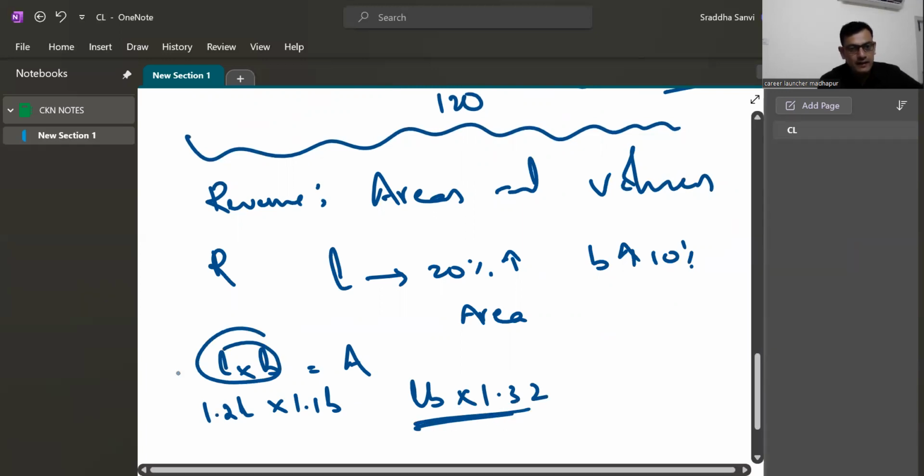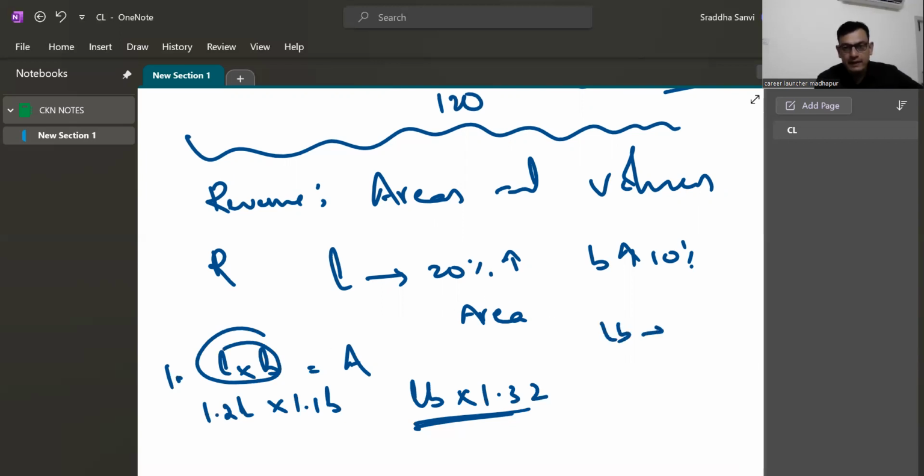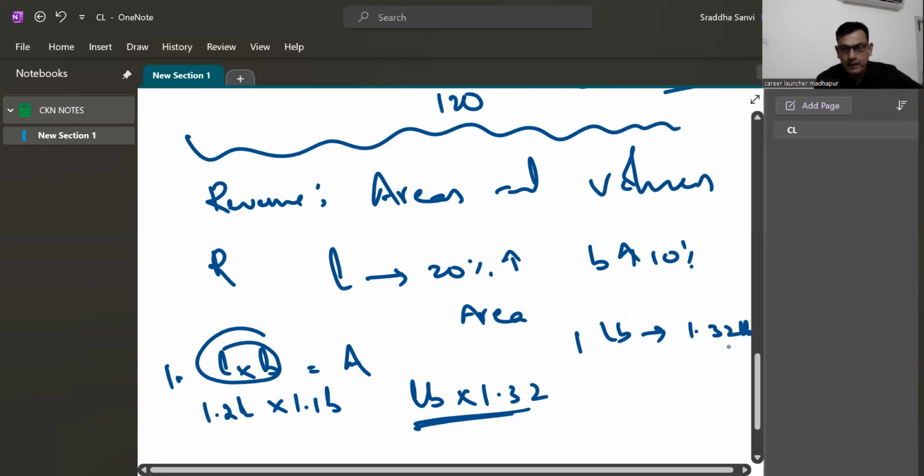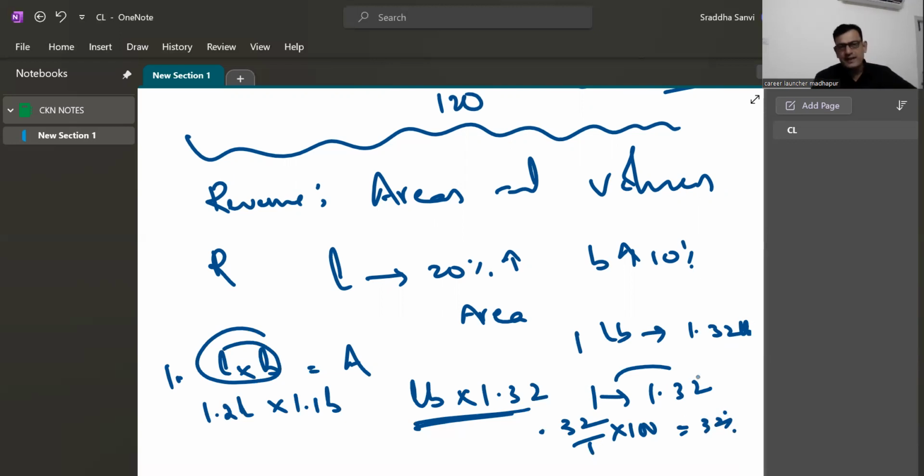Previously it is 1 LB. Now from 1 LB it became 1.32 LB. There is a growth of 0.32 upon 1 into 100. I can say this is 32% growth.